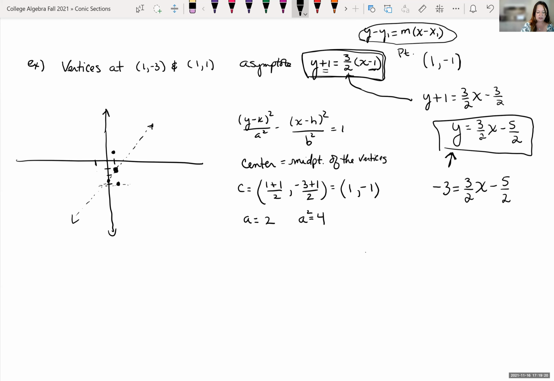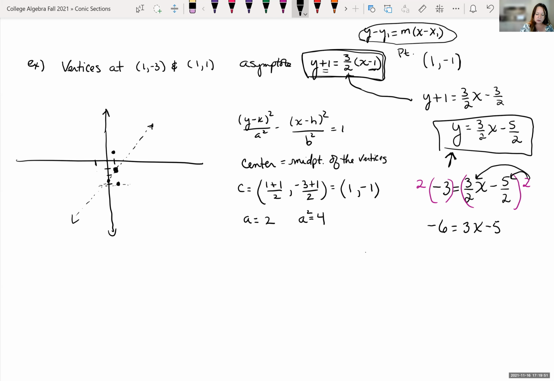So I don't want to deal with these fractions in here. So I'm going to clear the fraction by multiplying both sides of my equation by my common denominator, which would be 2. So multiplying every term on each side of the equation by 2, I get 2 times negative 3 is negative 6 is equal to, well, 2 times that 3/2 x, the 2's cancel, leaving us with 3x, minus 2 times 5/2, the 2's cancel, leaving us with 5.